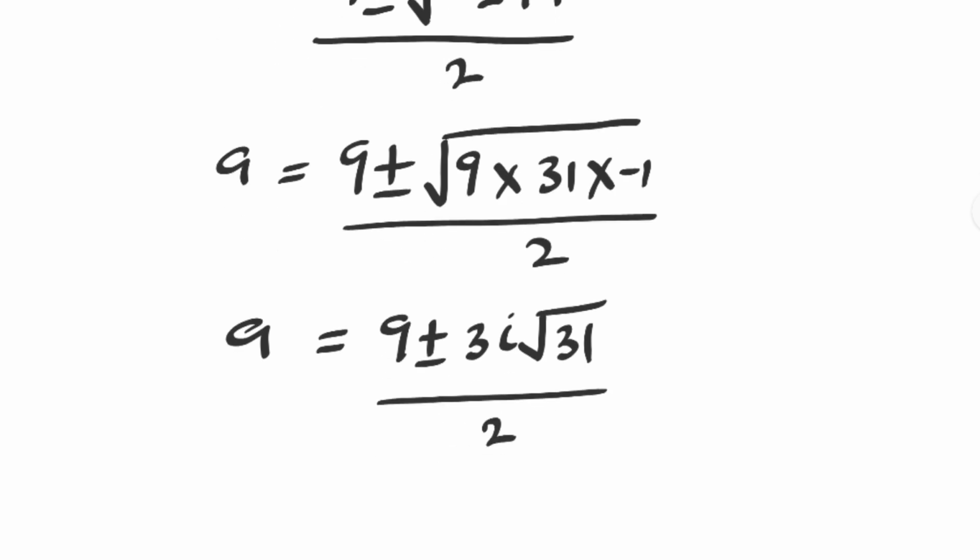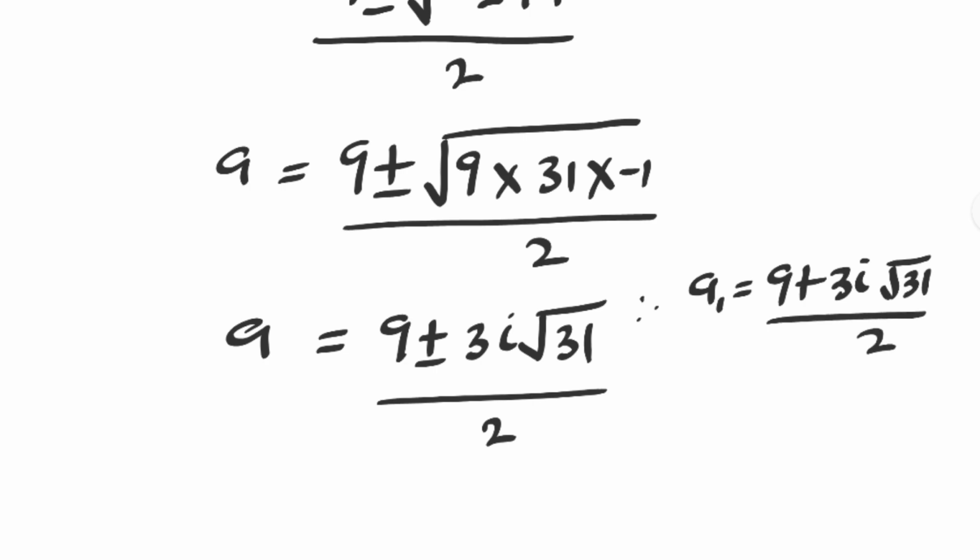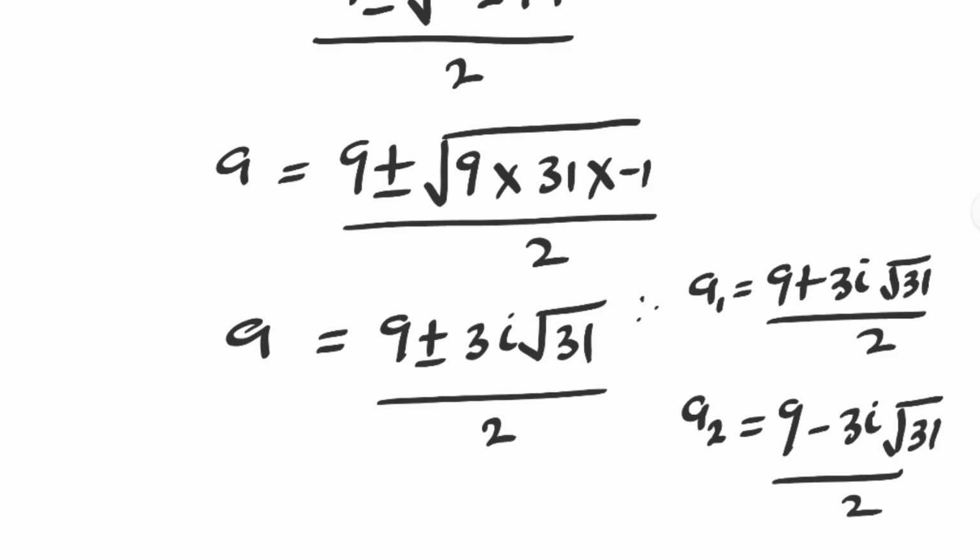Therefore, a1 is equal to 9 plus 3i root 31 over 2, and a2 is equal to 9 minus 3i root 31 over 2. These are the values of a.